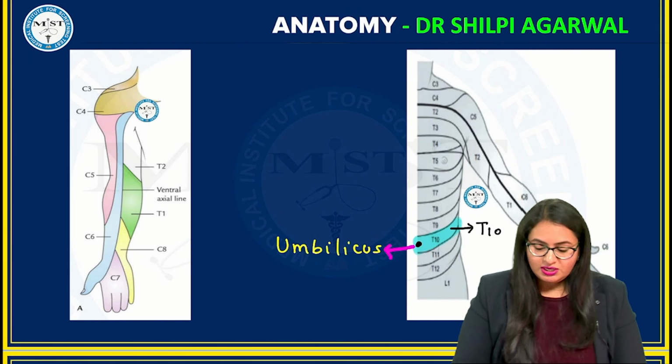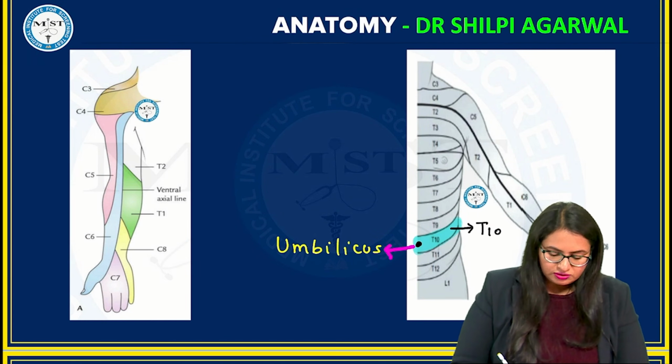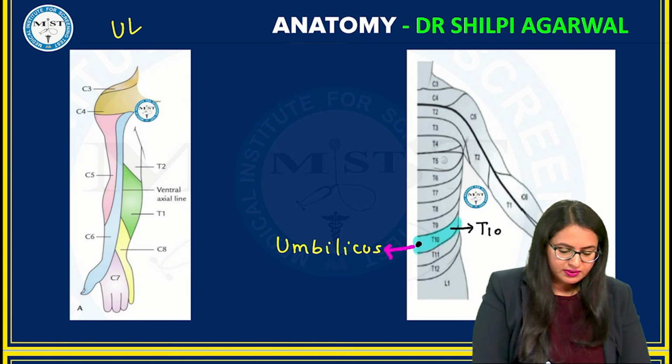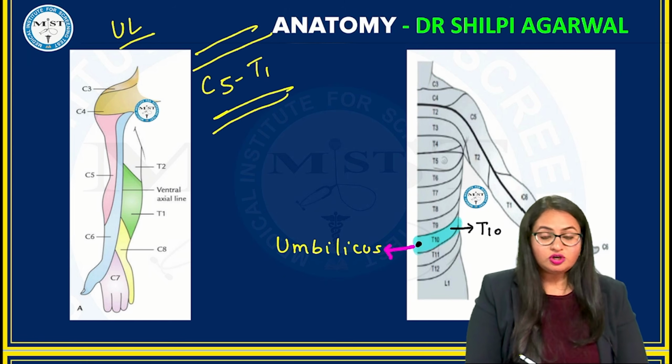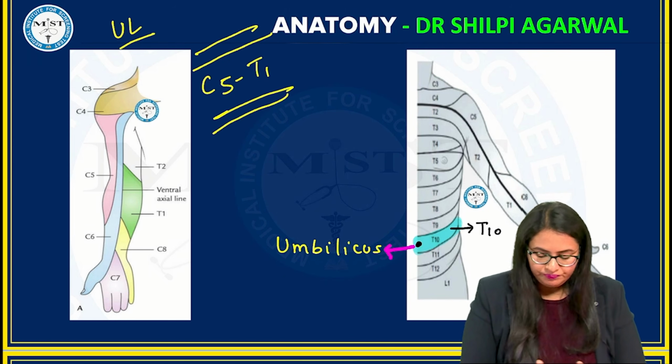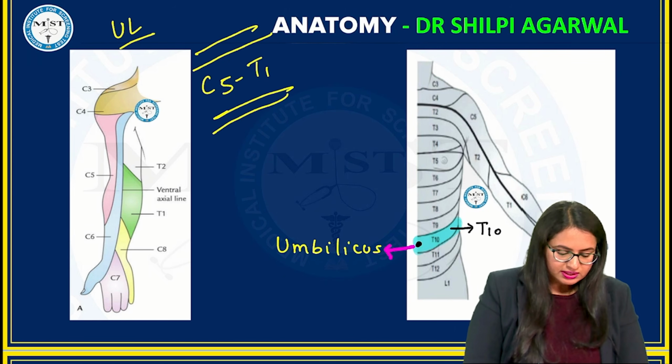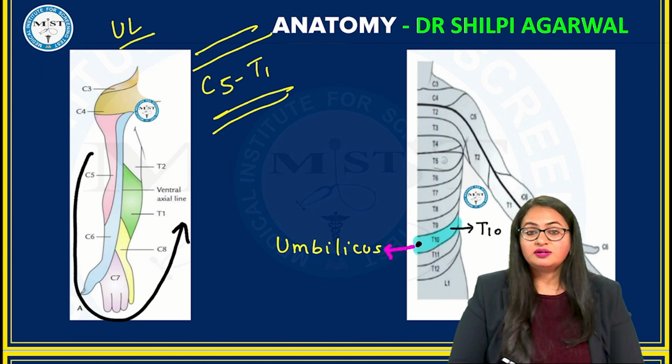Now the dermatomes. You can see this is the dermatome map of the upper limb, and for the upper limb we say that the dermatomes run from C5 to T1. How do you learn it? C5 to T1 is the distribution.